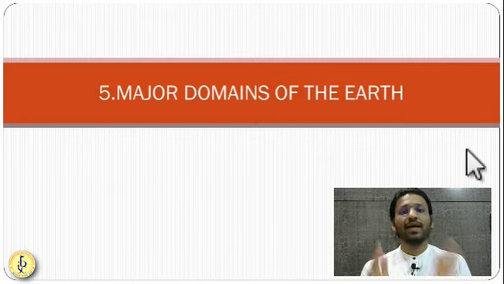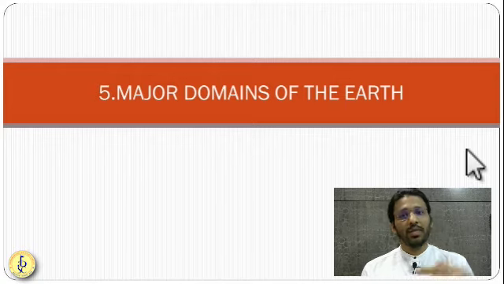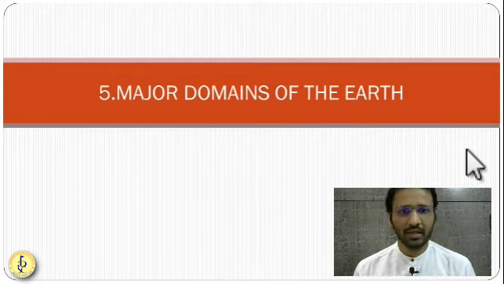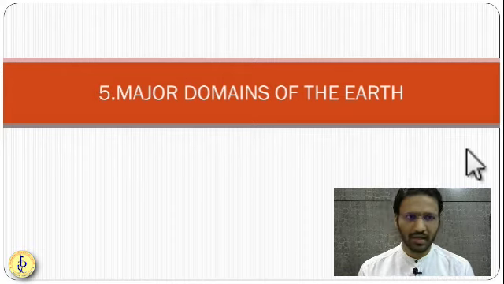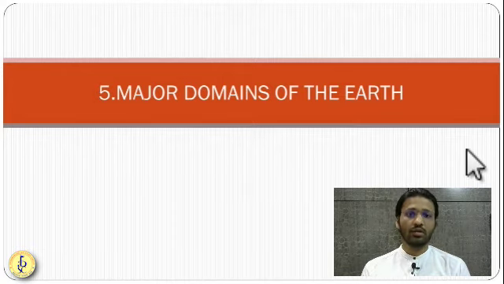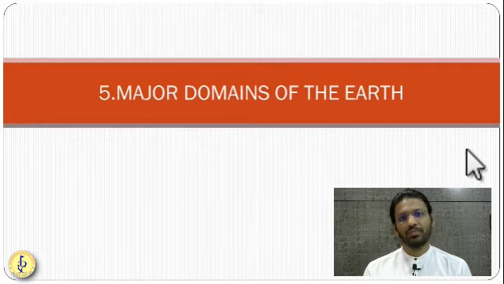I hope you have understood the chapter we saw yesterday, and many of you are writing the answers. I am really happy that every day new students are writing answers. It is very important to write the answers, because in the end it is going to help you in the exam. So let us move towards today's chapter, Major Domains of the Earth.